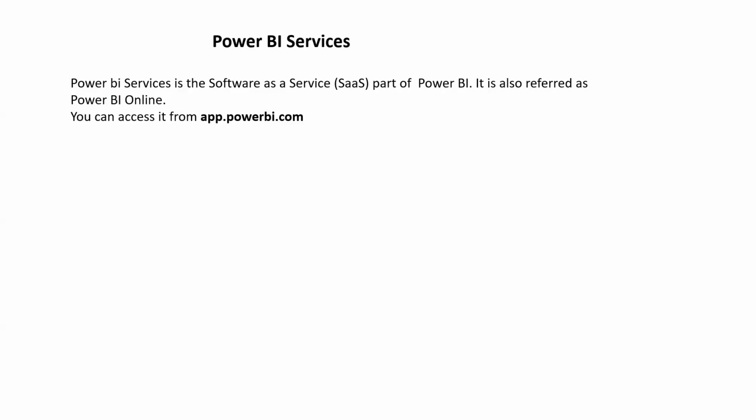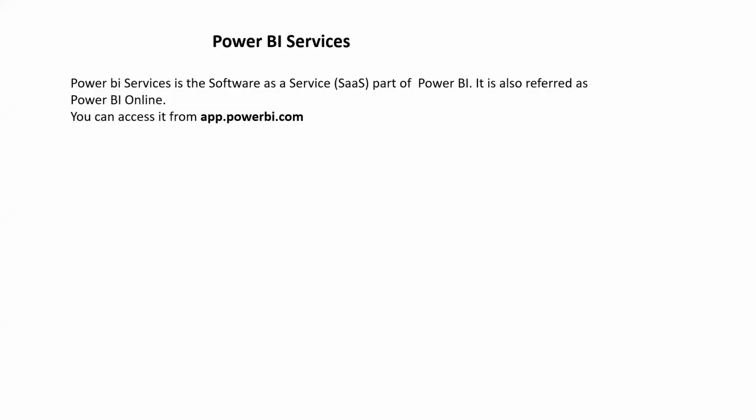To connect to this service, you have to type app.powerbi.com in the web browser so that you can get connected to the Power BI cloud environment. To get connected, we need an official or working mail ID. We cannot connect with personal mail IDs like Gmail, Yahoo, Outlook.